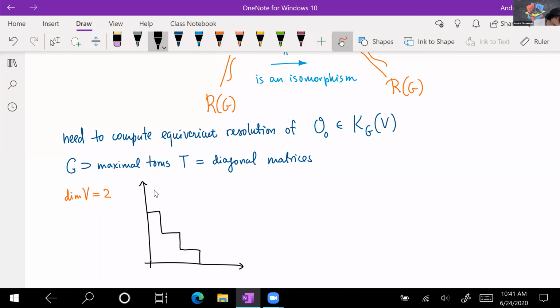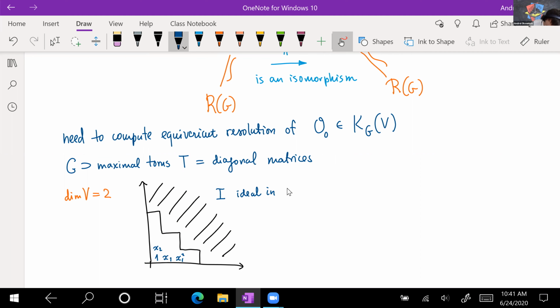So if I take all monomials that lie outside of a partition, this defines a torus-invariant ideal. If you think of this as a list of all monomials, so kind of 1, x1, x2, x1 squared, and so on, all monomials in here form an ideal in, let's say, C[x1, x2].